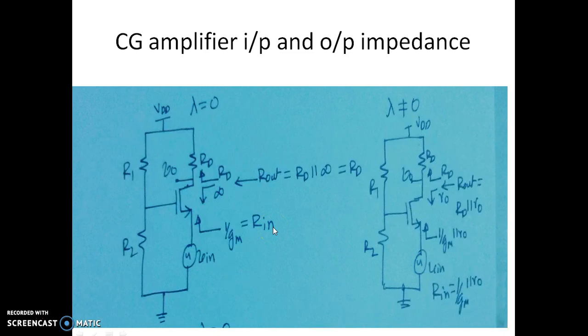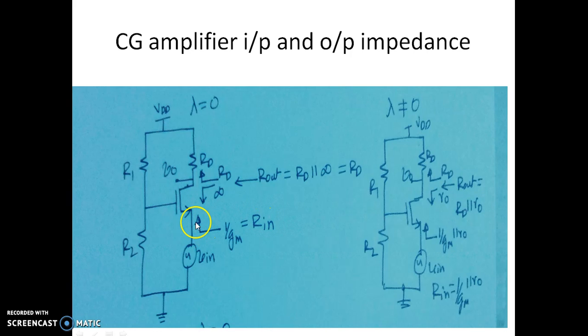Let us have a summary of this CG amplifier input and output impedance when lambda is 0 and lambda is non-zero. When lambda is 0, the input impedance happens to be 1 over Gm, and for the output impedance, looking down here it is infinity, looking up here it is Rd. So Rout is Rd parallel with infinity, so that's why it is Rd.